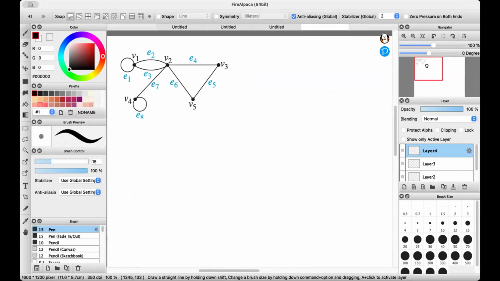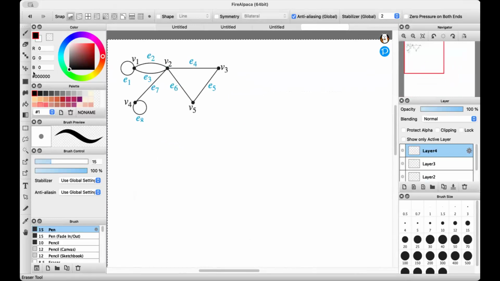A little bit, yeah. Okay, so this is an example they used in the textbook. They labeled the vertices V1 to V5, and they also labeled the edges E1 to E8. You can use any labeling you want. This is just the labeling that they use. It doesn't really matter.